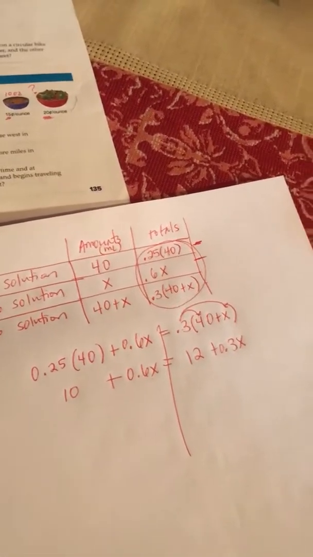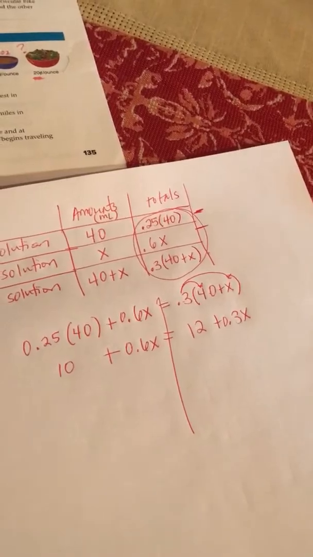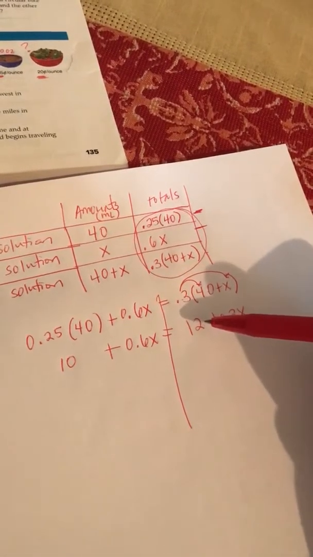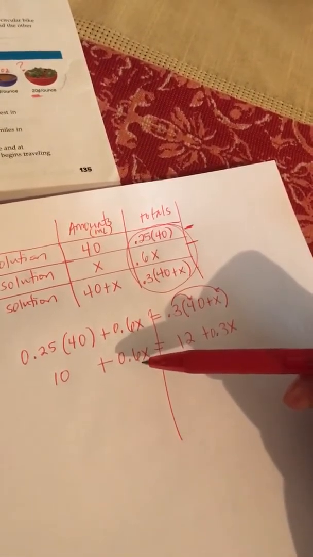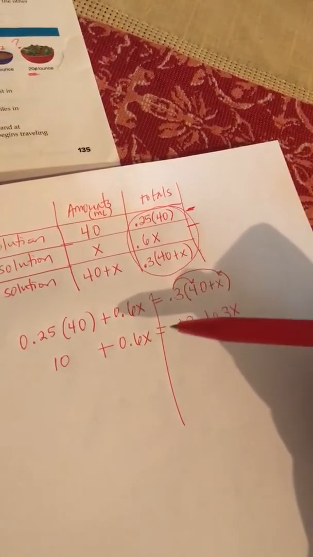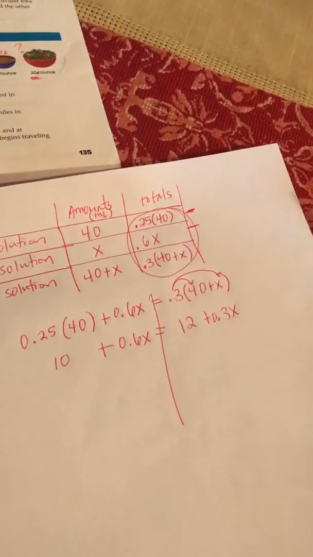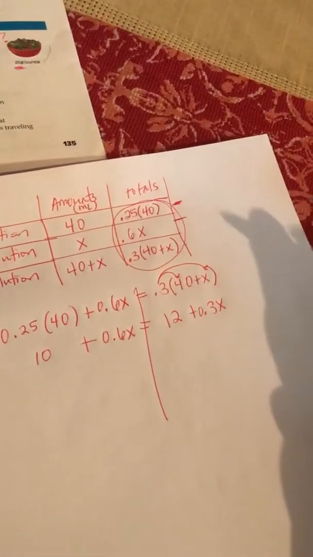Okay, now I want all of my variables on one side and my constants on the other. 10 and 12 are constants because they have no variable, they have no letter. 0.6x and 0.3x are variables because they both have an x. And we want them to be together on one side and the 12 and the 10 on the other side of the equal sign.